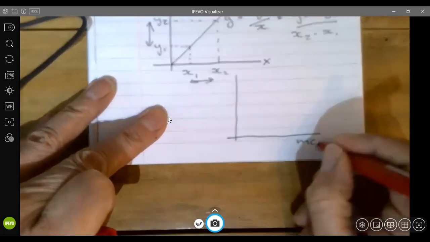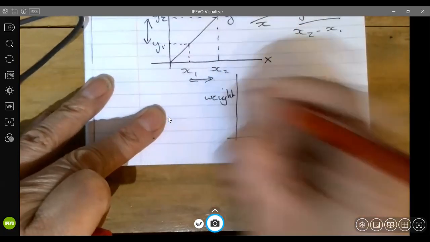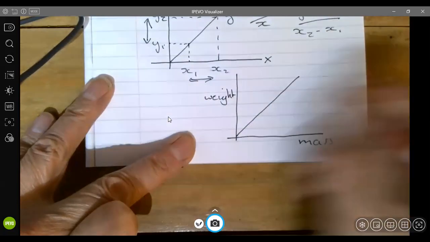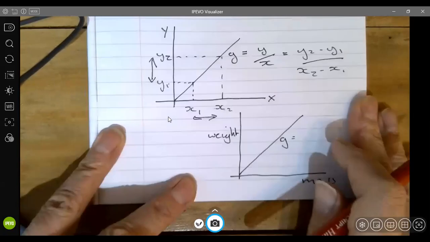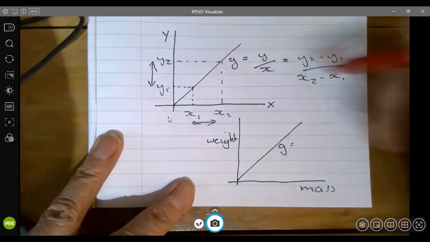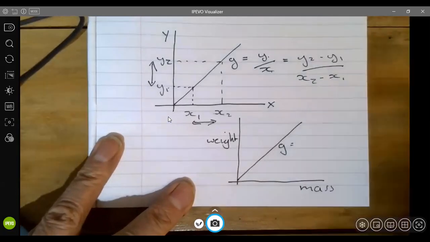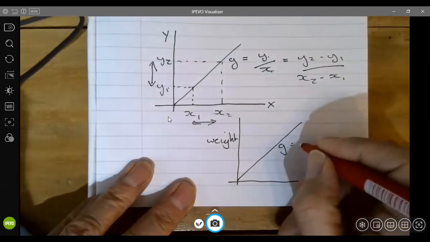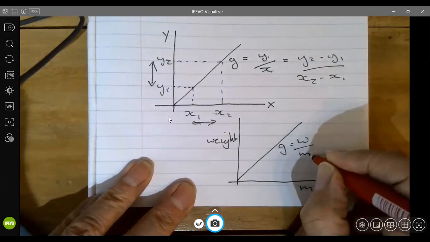Now, taking this a step further, rather than x and y's, what we've actually got is mass here and we've got weight. And we've got this line there, that's our gradient there. Now, our gradient, we've just said from here, is actually equal to the difference in y over the difference in x. So our gradient here is equal to the difference in weight over the difference in mass.